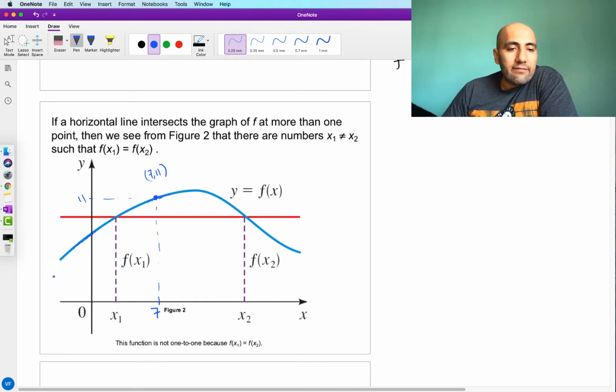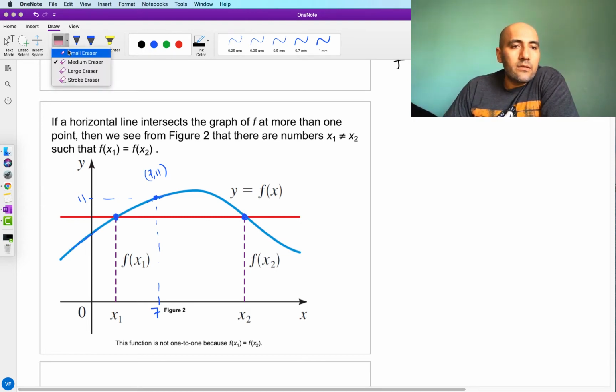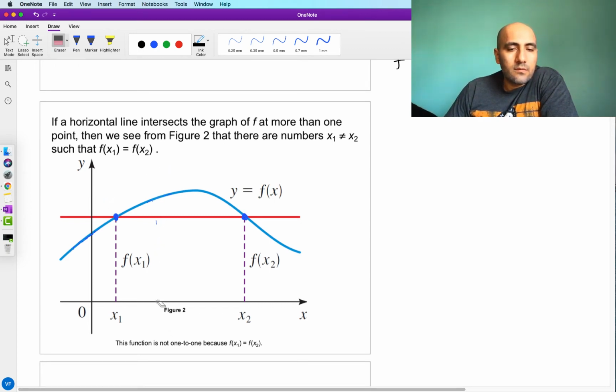So if we have the function f described by this blue curvature, and we focus on this particular point where this red line intersects both of these, that means that this point on my curvature is the point x sub 1, comma, f of x sub 1.